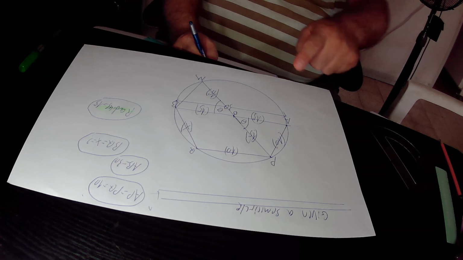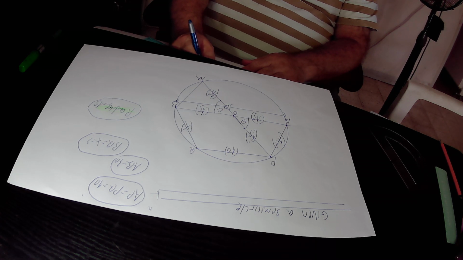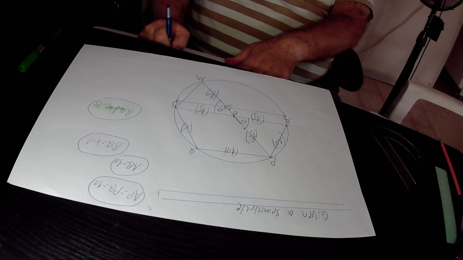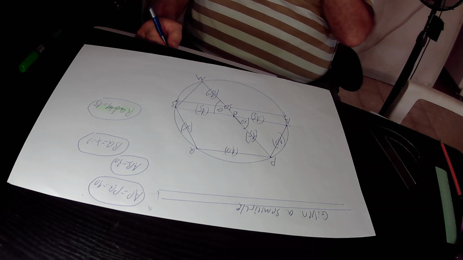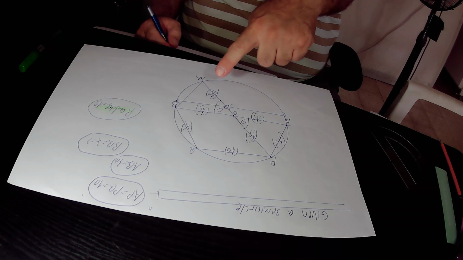We prove that this triangle APO is congruent to this triangle MOB.